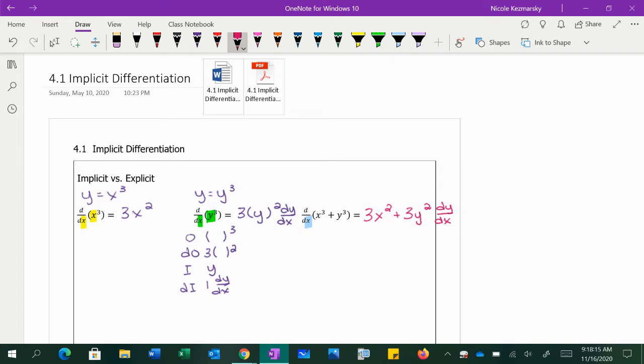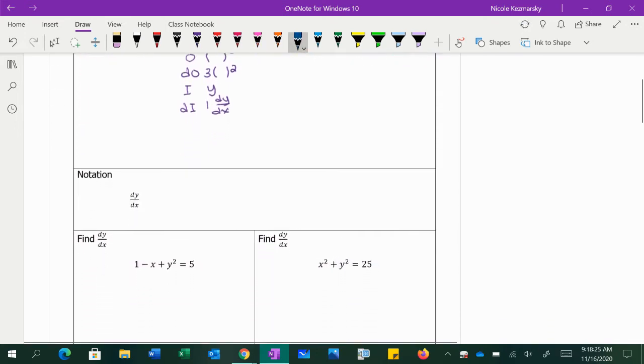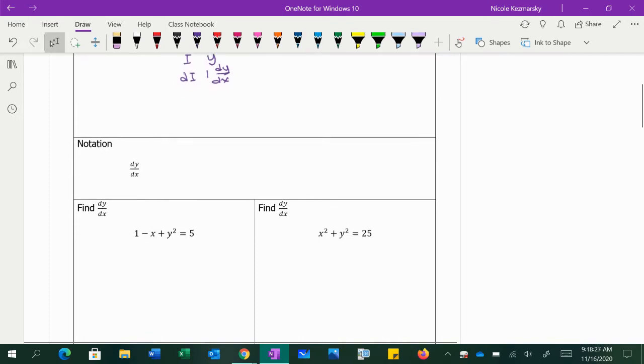So that's taking derivatives with expressions using the notation dy dx. And so usually we just say dy dx, but what this really means is the derivative of y with respect to x.